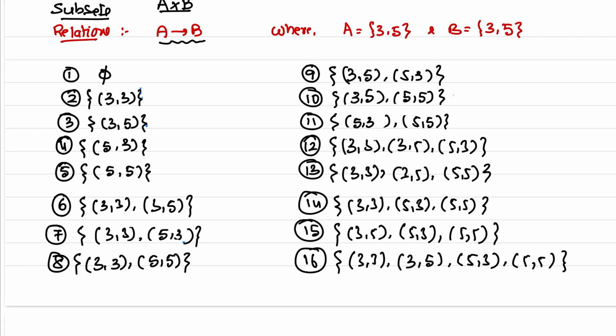In 5, 3, there is a relation between 5 and 3, but there is no relation between 3 and some element in B. That means each and every element in A is an input.